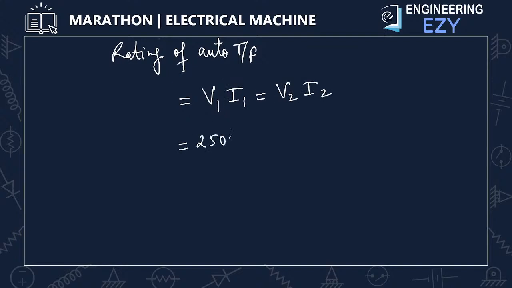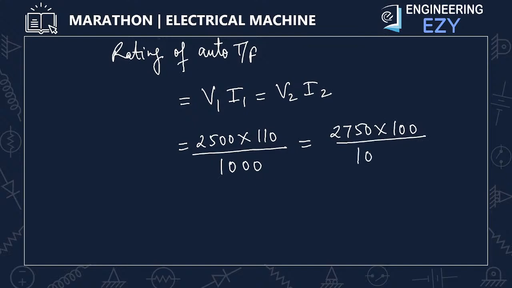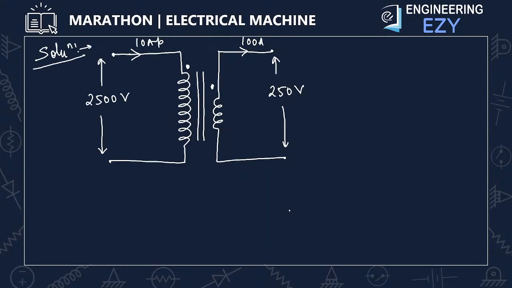V1 is 2500 into I1 is 110, divided by 1000 because I am calculating the rating in kVA, equal to V2 I2. V2 is 2750 into I2, I2 is 100 ampere, divided by 1000. So the correct answer is 275 kVA.